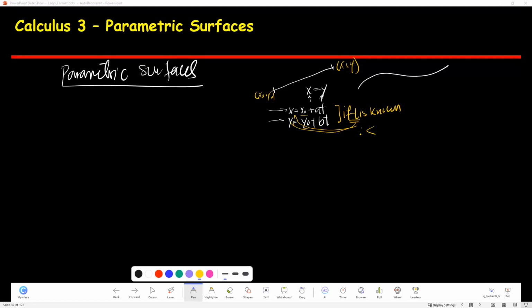We set the limit of t from 0 to 1. If you are here, t equals 0. If you are here, t equals 1. And in between, you can pick any point you want, whatever value of t, such as 0.1, 0.2, 0.3, and you can find both x and y at that coordinate.